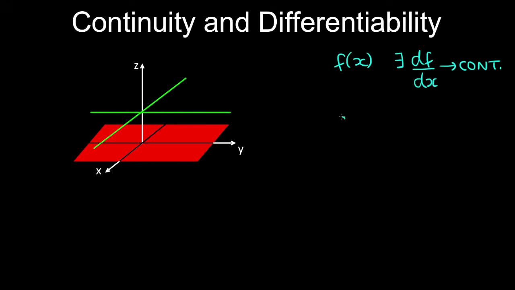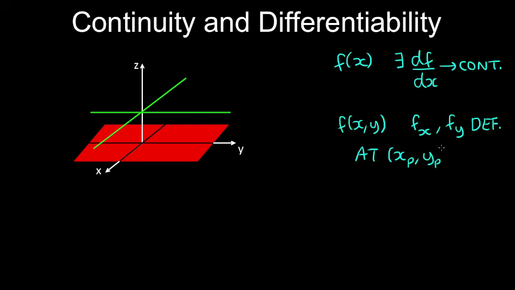And in contrast, for a function of two variables, both partial derivatives with respect to x and y can be defined at a point in the domain of the function, but the function may not be continuous. So the existence of the partial derivatives alone does not imply continuity.